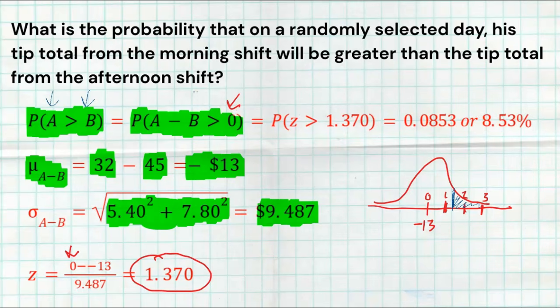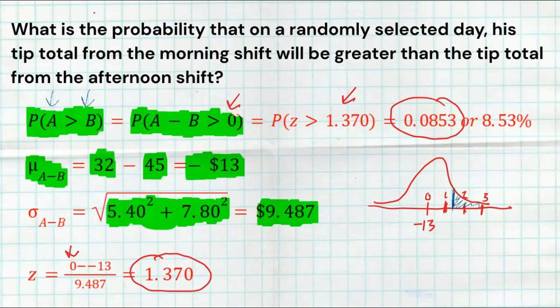And if I do morning minus afternoon, and afternoon is greater, that's going to produce a negative. So I want to look greater than 0, so that's a z-score that is greater than 1.370. Again, using a calculator, TI-84, NumWorks, you can find the probability that on a normal distribution you have a z-score greater than 1.370 pretty easily, and it's 0.0853 or about 8.53%.